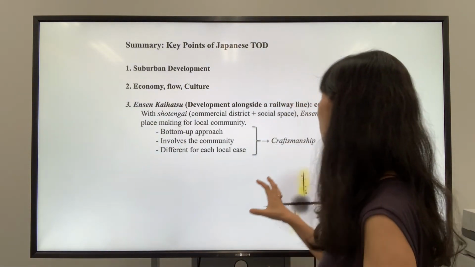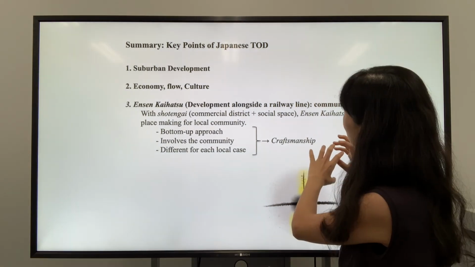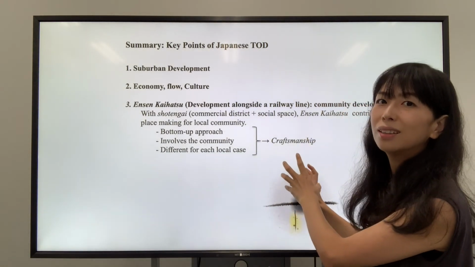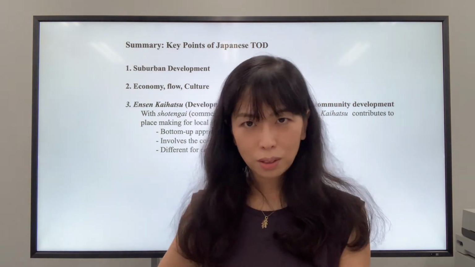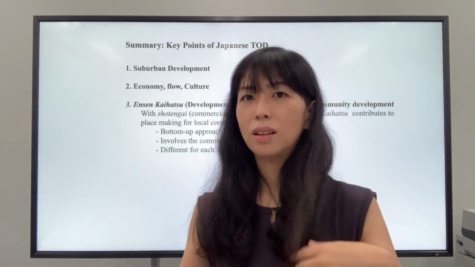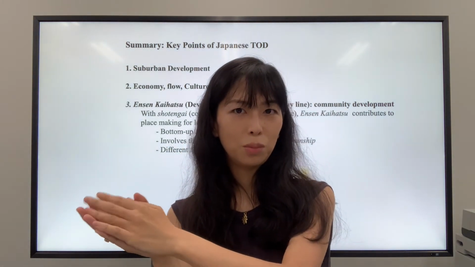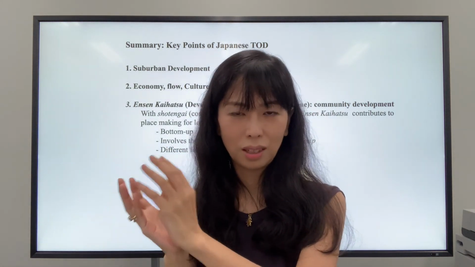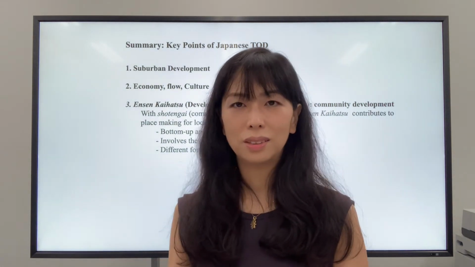What Ensen Kaihatsu does is a very craftsmanship development that is not really replicable in other places. One area might be successful, but it doesn't mean another area can have the same success, because they will involve different people and different narratives.